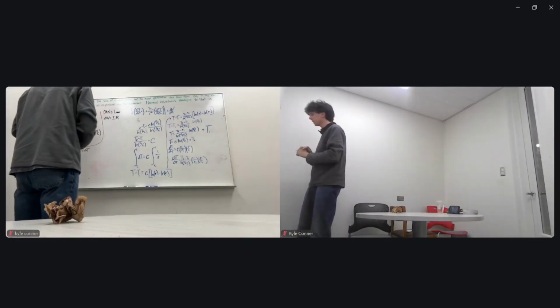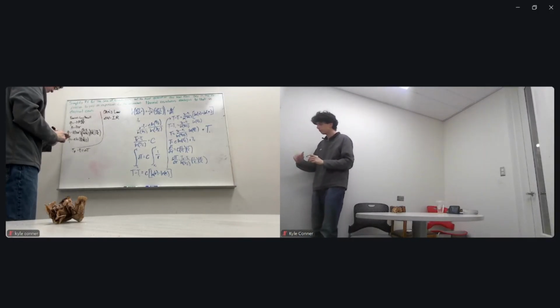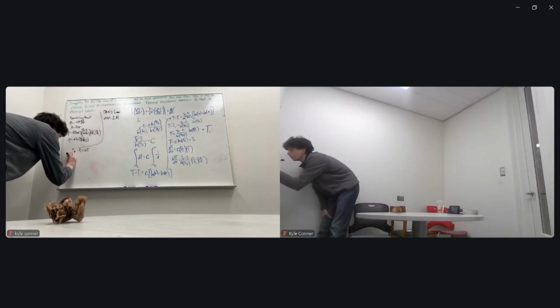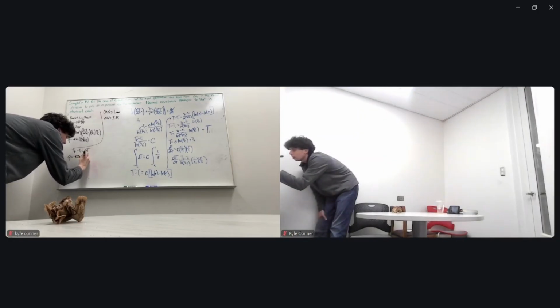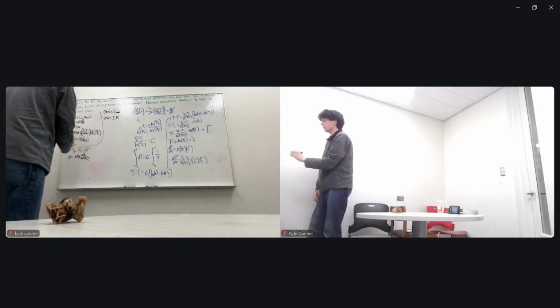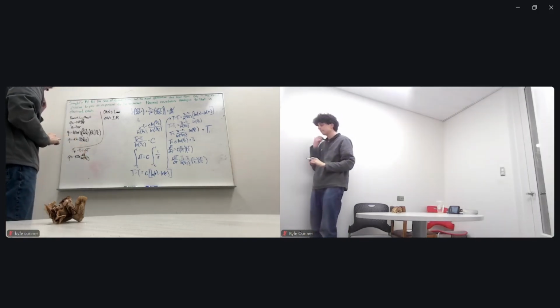So if we want to set these equal to each other, we have Q equals negative k 2 pi delta T over ln of R final over R initial. So we have our delta T. We're going to set that equal to the other side.